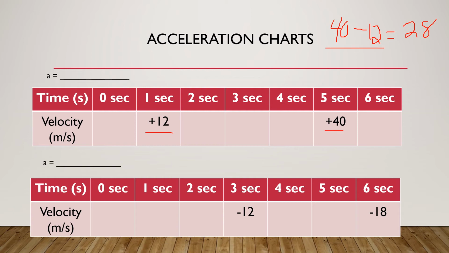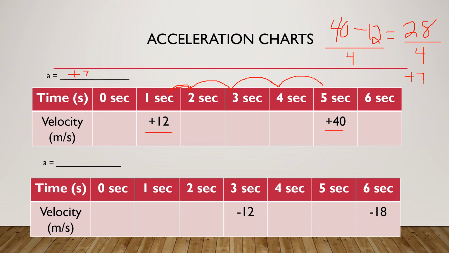How much time happens between 1 and 5 seconds? 1, 2, 3, 4. There's 4 seconds between 1 and 5. So you count the jumps between your seconds. And there are 4 jumps between 1 and 5 seconds. Oh, 28 divided by 4 is +7. So the acceleration here is +7.